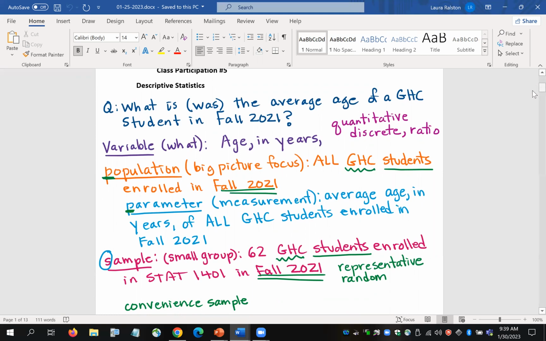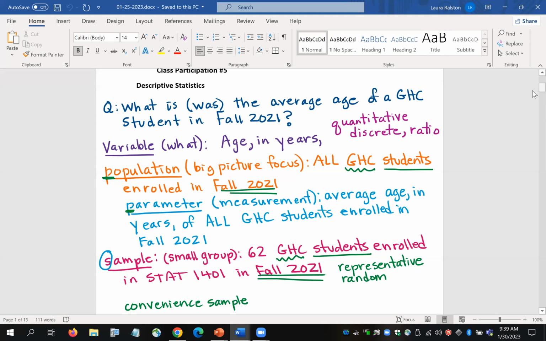One of the mistakes I have consistently seen on the Module 1 exam is when students are trying to identify the variable. I want to stress again that the variable should not include the measurement. The variable is the what. It is what you are interested in learning about. There should not be any kind of measurement associated with it.